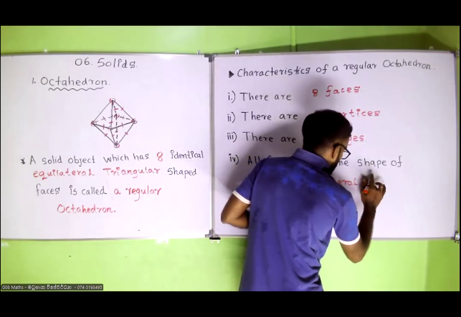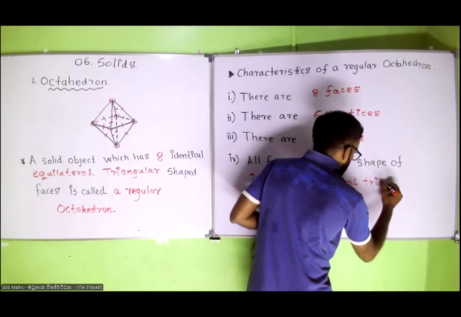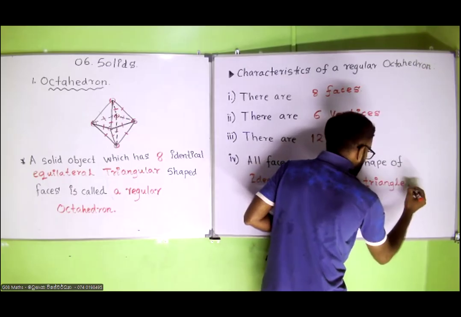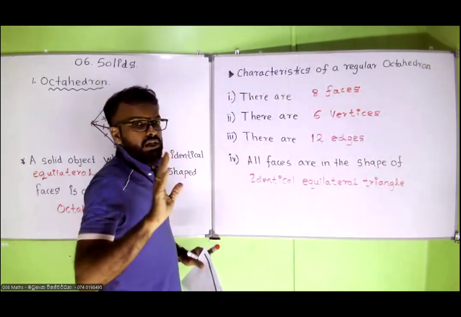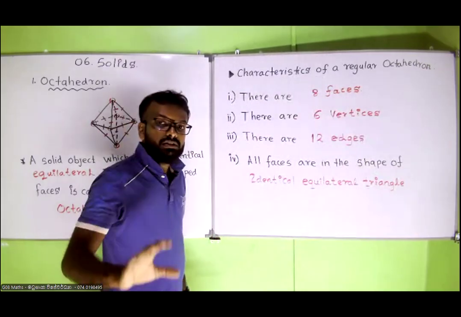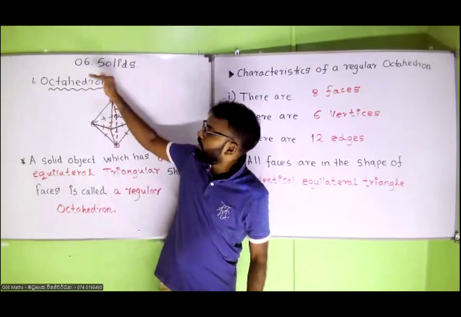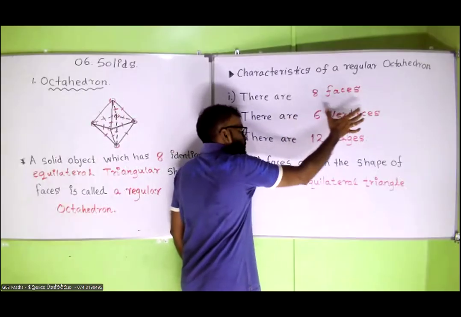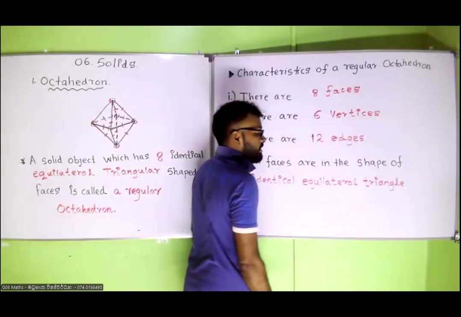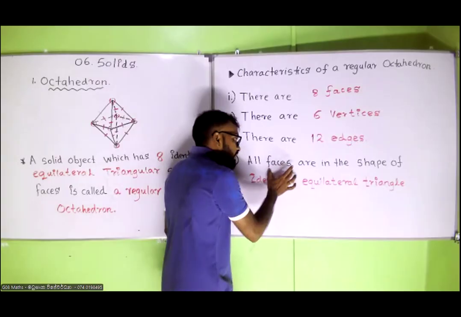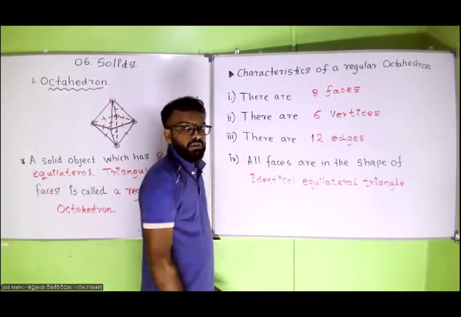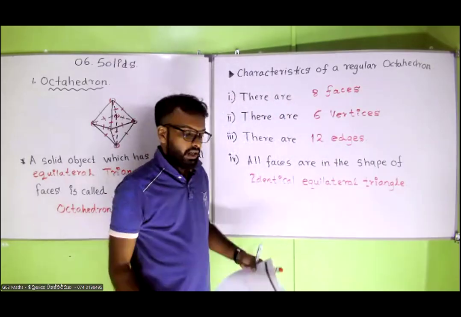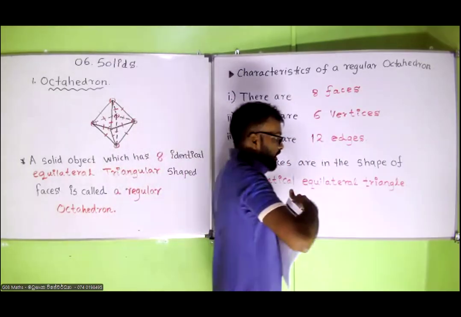Make it important, you need to remember. So these are the 4 characteristics that you need to know for a regular octahedron: 8 faces, 6 vertices, 12 edges, and all faces are in the shape of identical equilateral triangles.